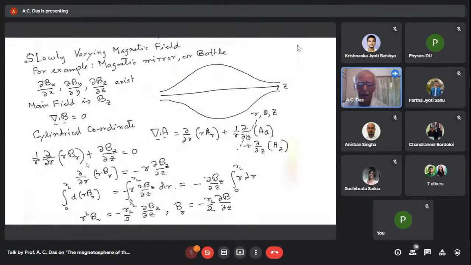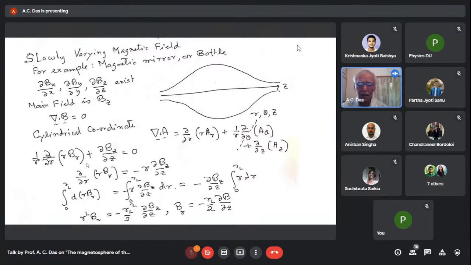In the integration, one thing you have noticed is that I have taken ∂B/∂z out of the integral, and on the right hand side your integral is 0 to R_L of r dr. So if you integrate, this is given by R_L r B_r is equal to R_L square by 2, because r square by 2 with limit R_L, so R_L square by 2 ∂B_z/∂z with a minus sign.